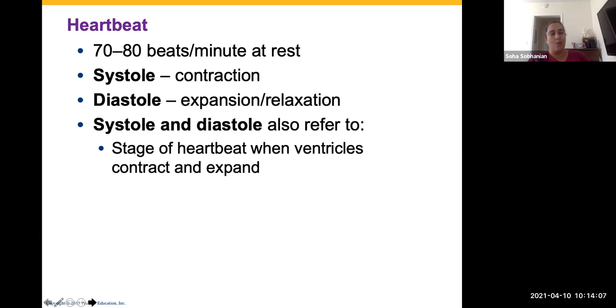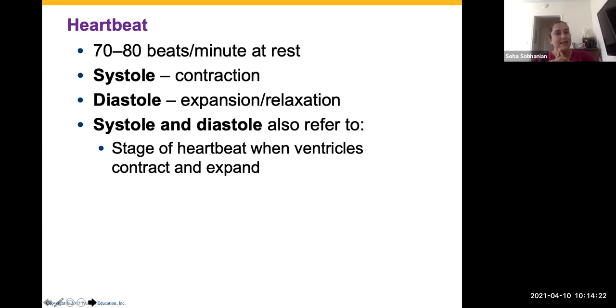For instance, my dad is a relatively good athlete. His heartbeat at resting is 45. Does that mean he's unhealthy? No, he just has a relatively low resting heart rate.